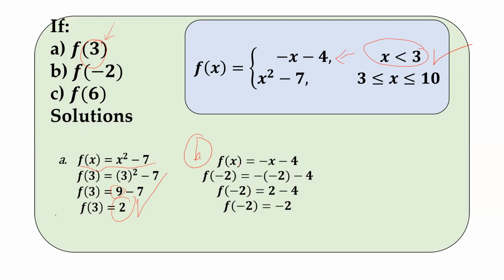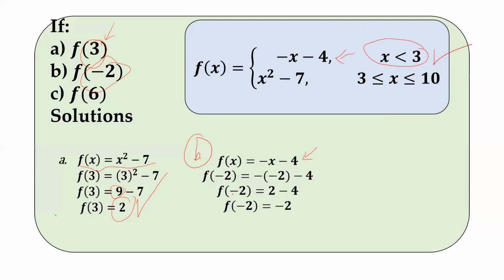Therefore, we will copy f of x is equal to negative x minus 4. Then substitute x with negative 2, the given replacement. That would become f of negative 2 is equal to negative times negative 2 minus 4.